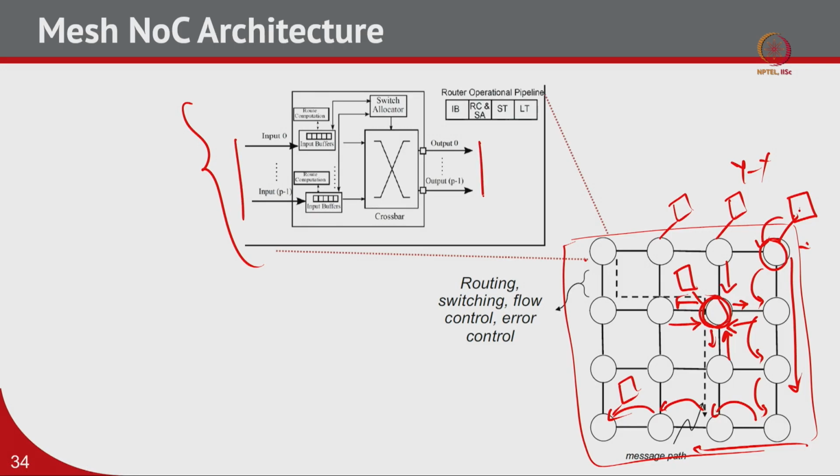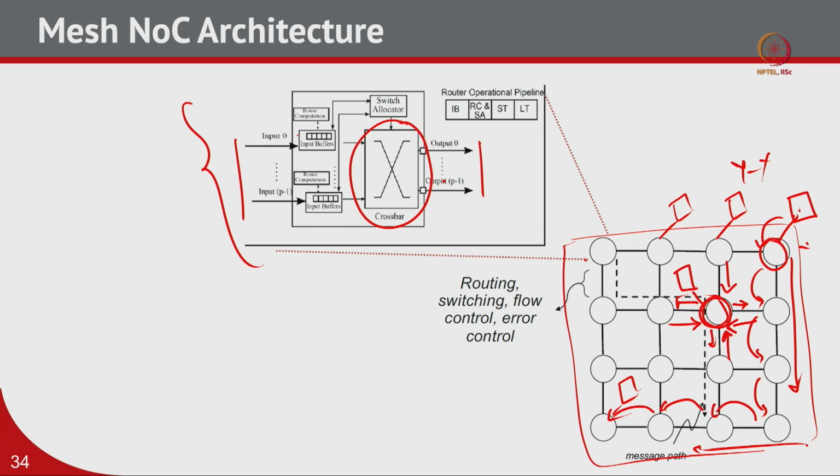Data has to be routed from one particular input port to another particular output port, and there is a crossbar structure. You can think of the crossbar as a giant multiplexer which routes the data from one input port to another output port.